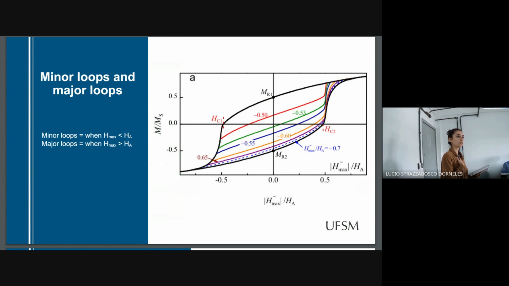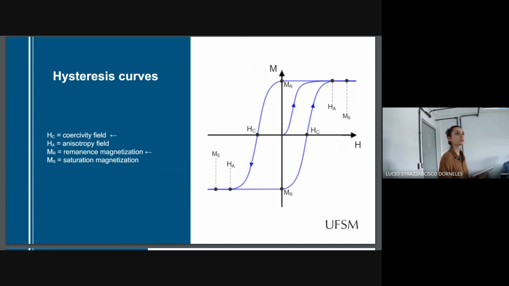So when we are reading about this subject, it's important for us to know when the curve is saturated or not. We reach the saturation magnetization when we apply a high field to get the magnetization.